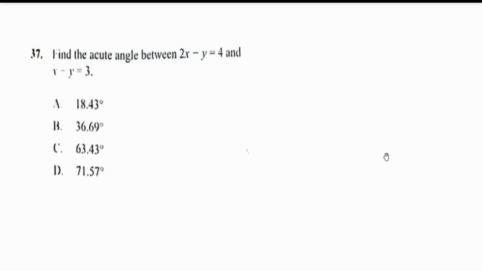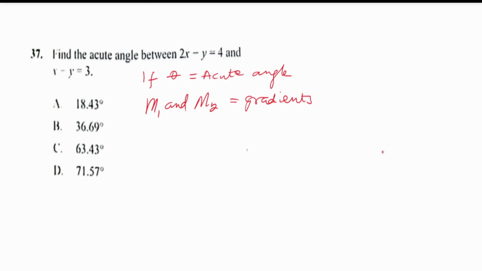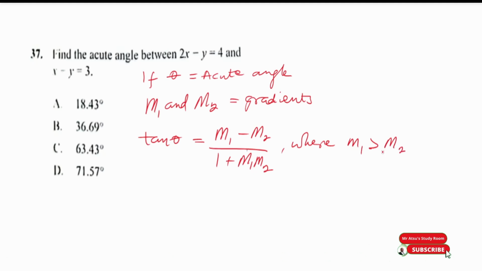And I will start by saying that if theta is an acute angle between two straight lines, let me write that, and m1 and m2 are the gradients of the two lines, then tan theta will be equal to m1 minus m2 all over 1 plus m1 multiplying m2. But then there is a caveat where m1 is greater than m2.